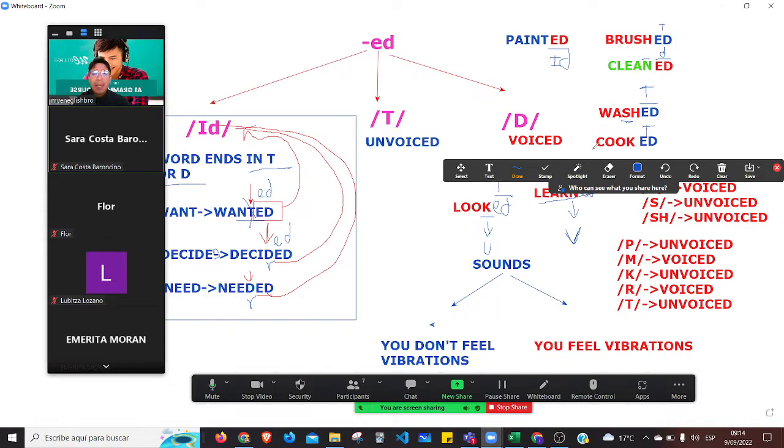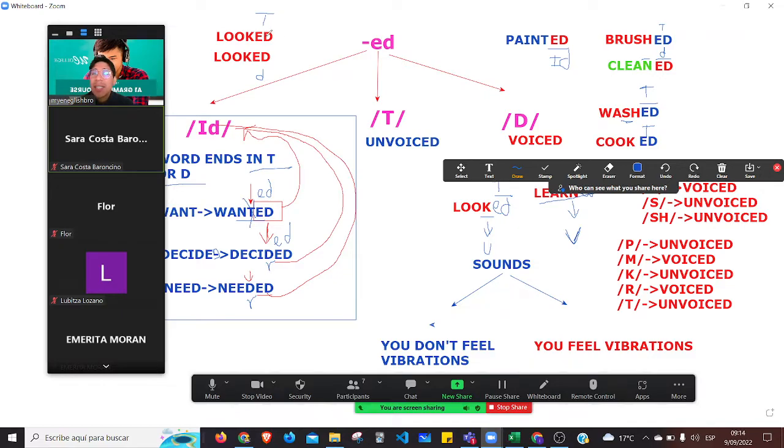Okay. So for me, they are the same. No, they are not the same. So imagine you know that look is pronounced with the T sound, but you don't want to remember this. Well, for me it's the same. Let me tell you it's not the same because look at this.